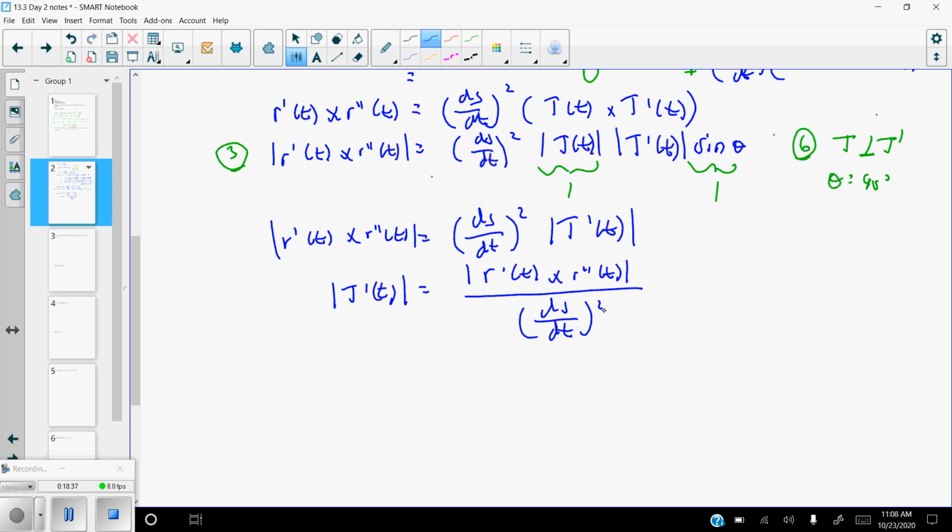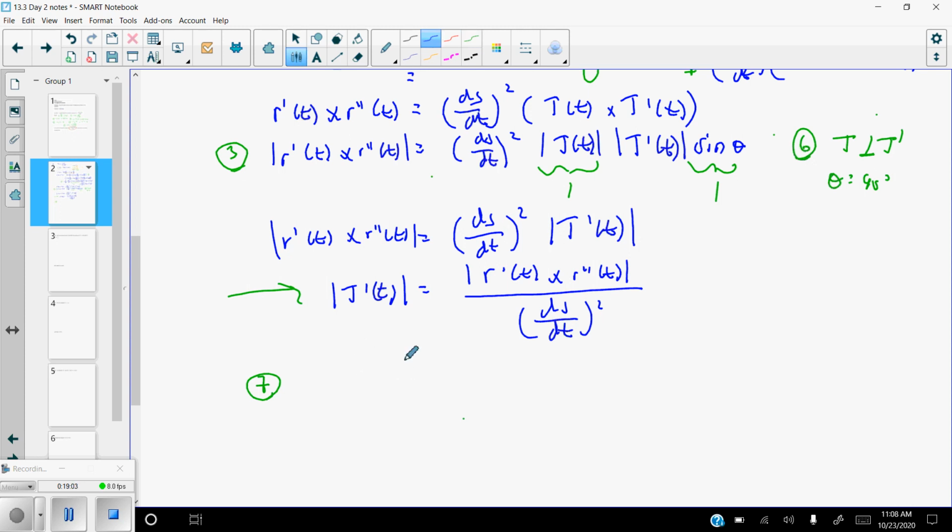And you might be thinking, well, how is this working? Well, now if we look back at the very last thing that we said, that the curvature formula is the magnitude of T prime of t divided by the magnitude of r prime of t. Well, that means if I want to make that curvature formula, using the 7th thing that I put on there, I'm going to divide both sides.